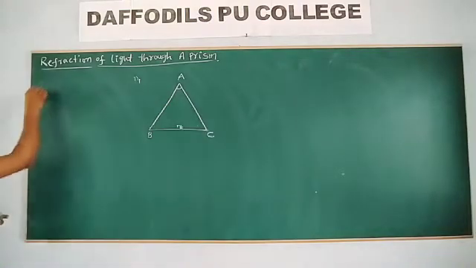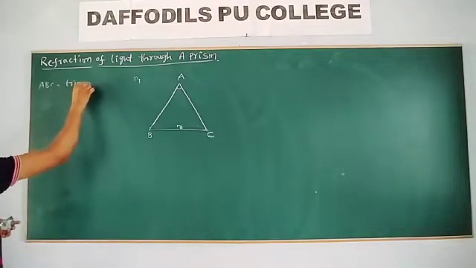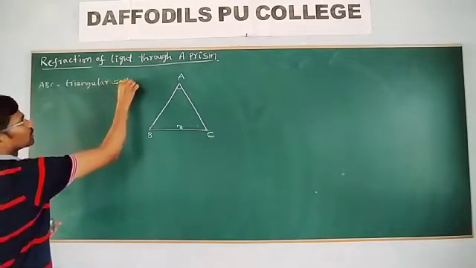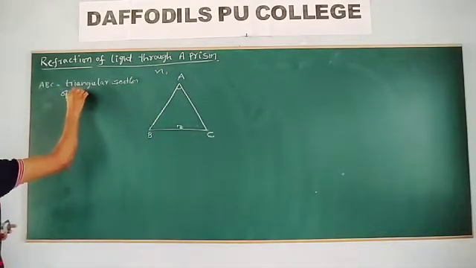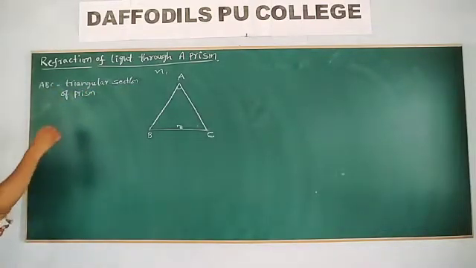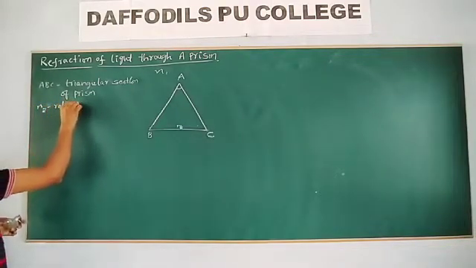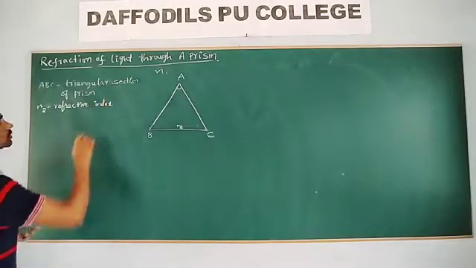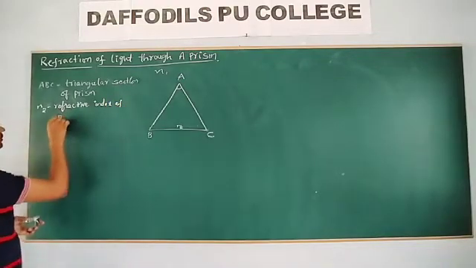ABC is a triangular section of a prism, and n2 is the refractive index of the prism.